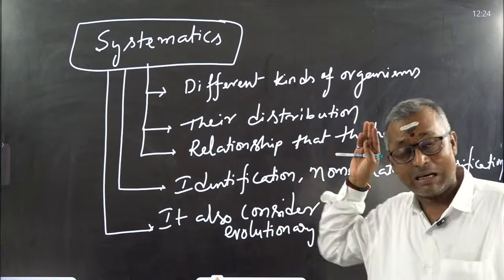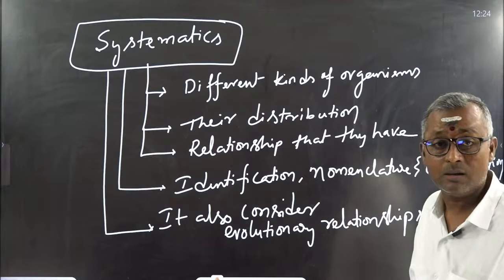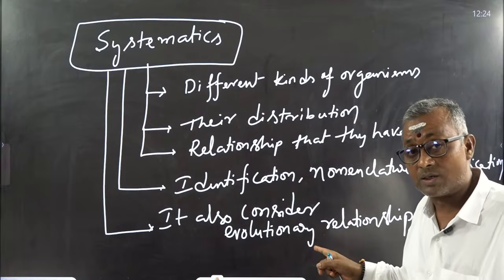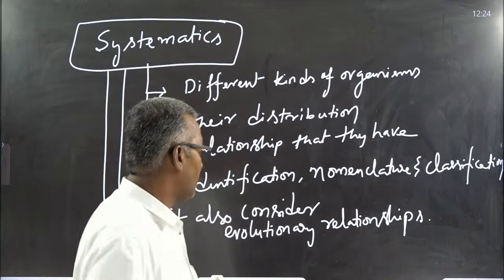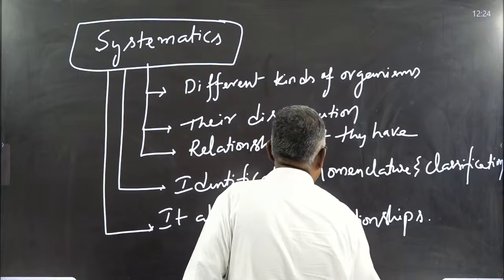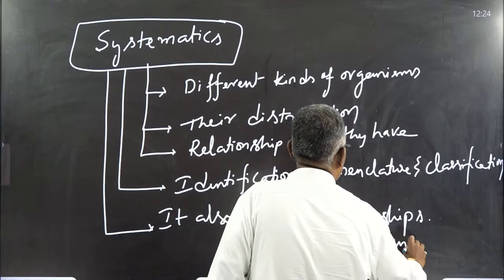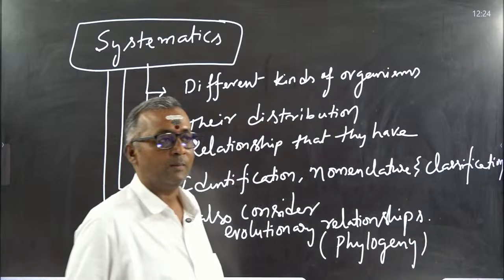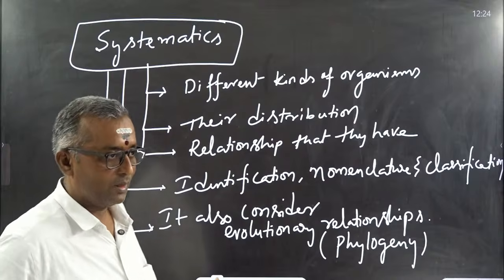Identification, nomenclature, and classification are also studied in systematics. And you also take into consideration evolutionary relationship, which is also called phylogeny. So these are all studied under systematics.